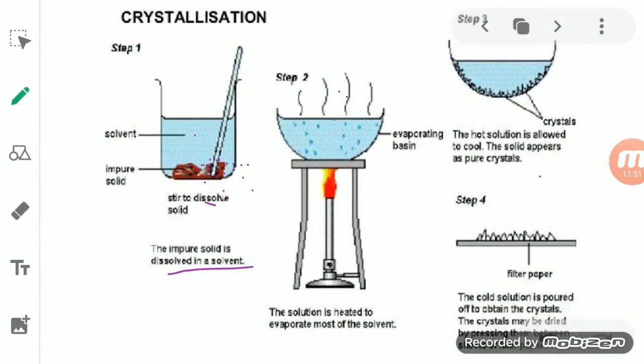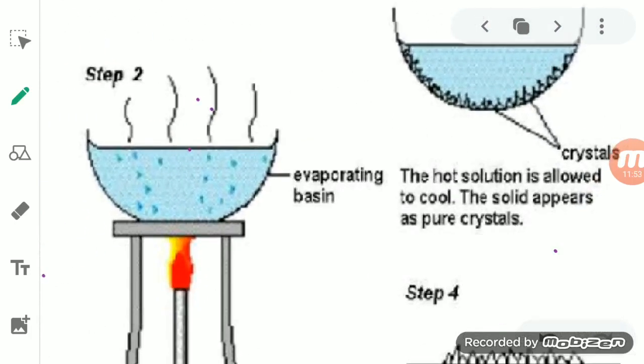You can see here, students, this hot solution is allowed to cool, and the solid appears as pure crystals. Let us understand what happens when you give heat to the clear solution which you are gently heating on the water bath till it gets concentrated.